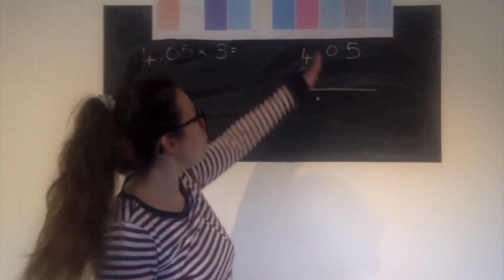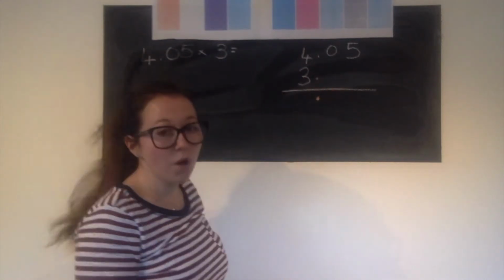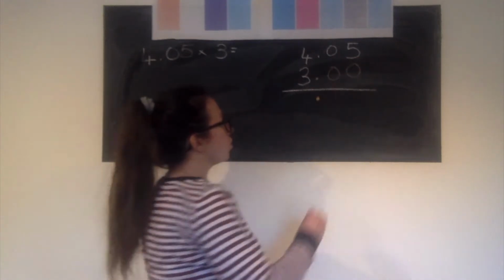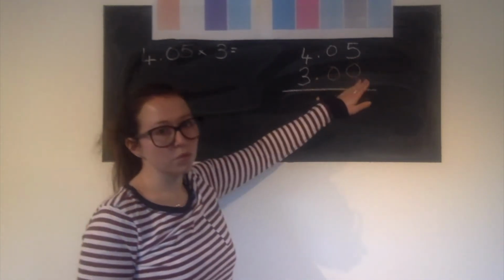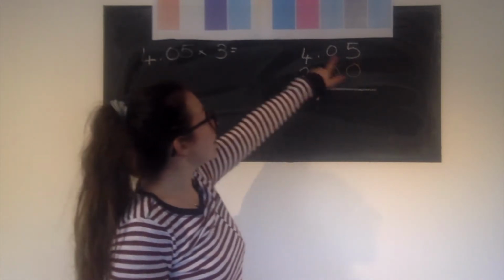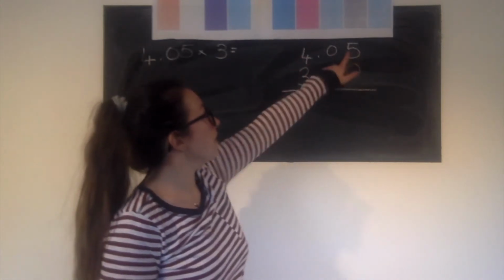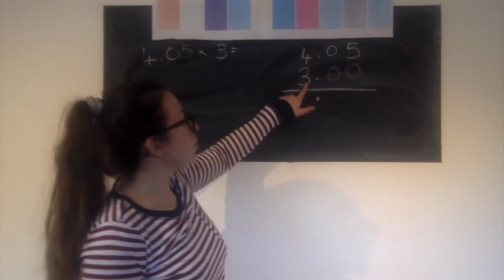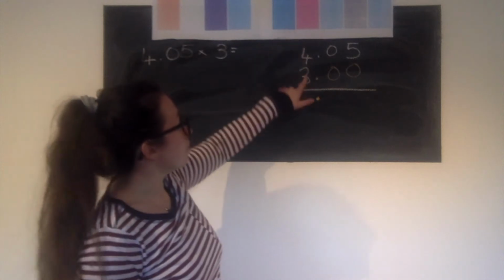That decimal point never moves. If I wanted to, I could add in zeros here to show that I've got nothing to multiply here. There is no point in me going through with these zeros because we know that 0 multiplied by anything is 0. So I'm going to start with my units, the one that I've got something in my column.